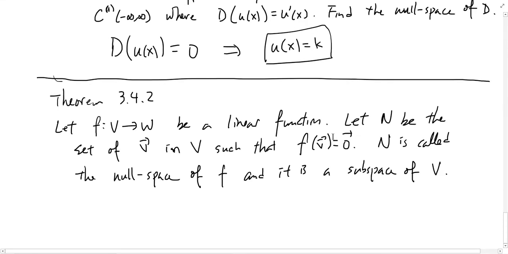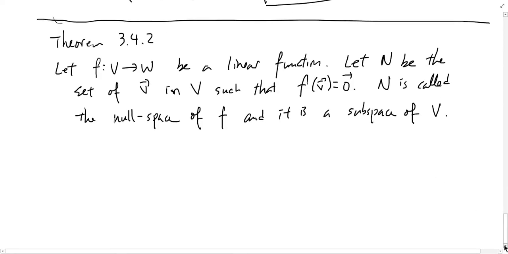The idea is that because f is linear, it forces 0 to always be a solution to this equation, and therefore satisfies the subspace requirement. The interesting thing about it is that any two elements in the null space, their sum and scalar multiples have to be in the null space.